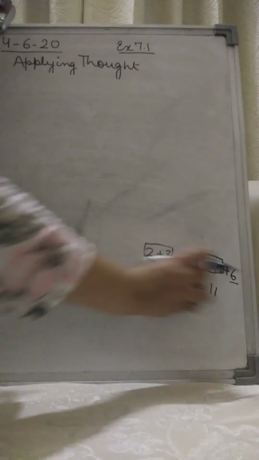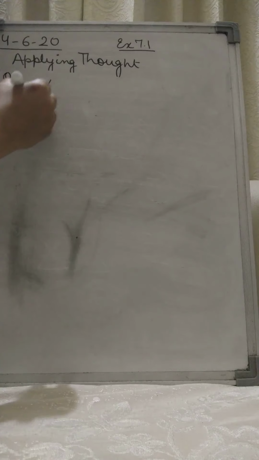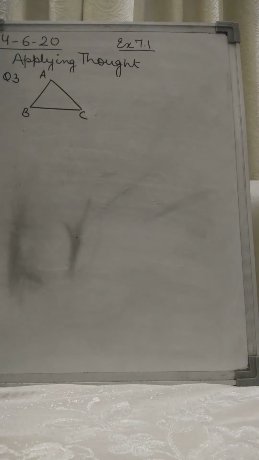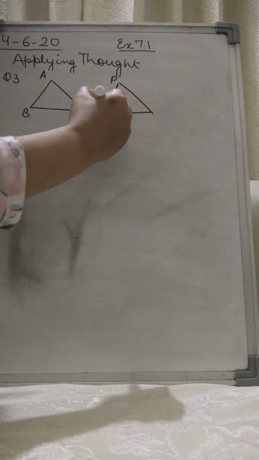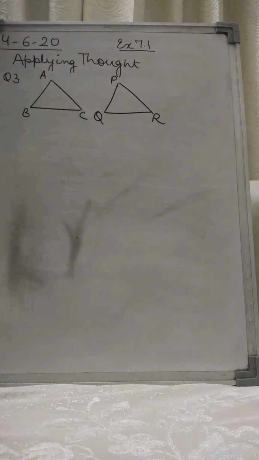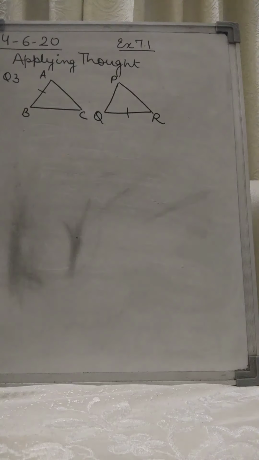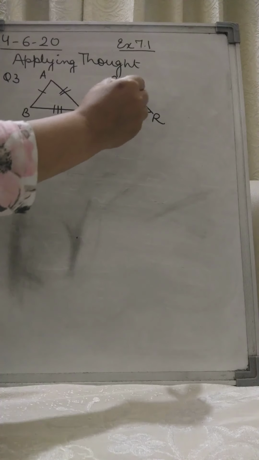Now come to the last question, that is the third part, which says you are given two triangles, ABC, A, B and C, and the other triangle is P, Q, R. Now this is one line, these two here, and this one, this is the third one.